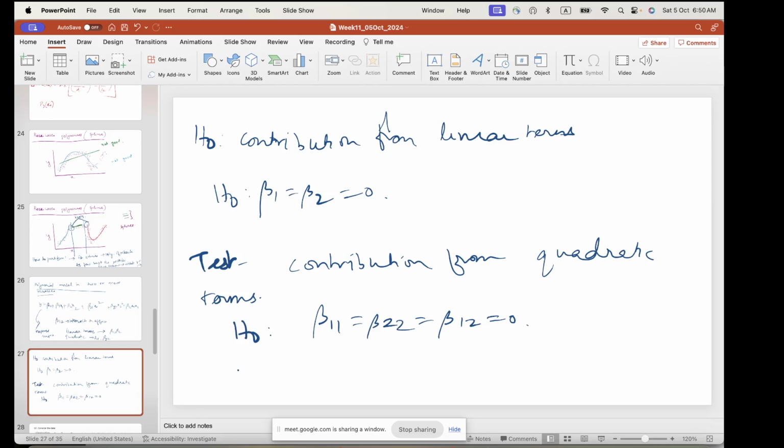So how do we do this test? We use the extra sum of squares technique.